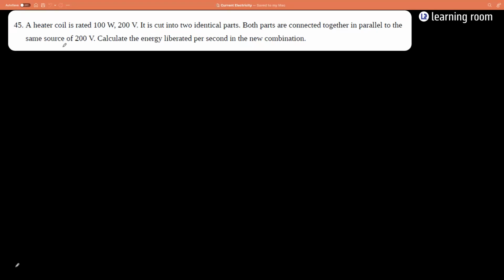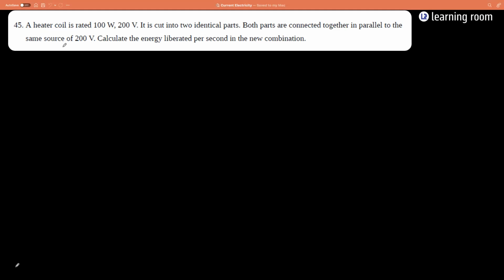Calculate the energy liberated per second in the new combination. Answer. So is it 400 joules?